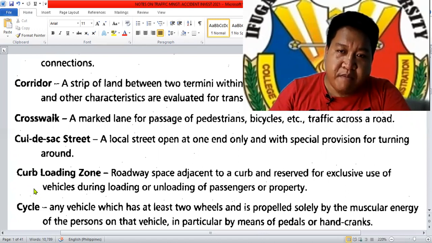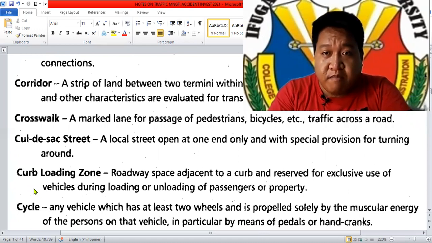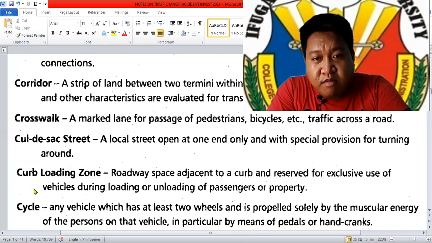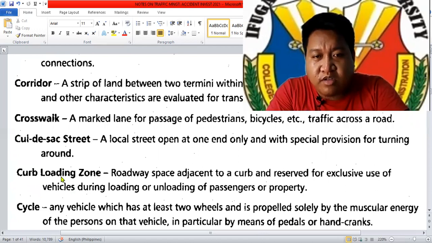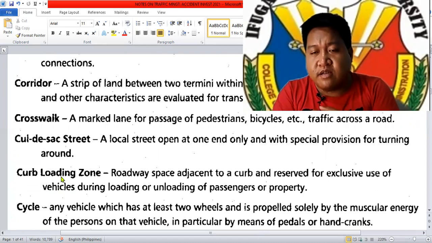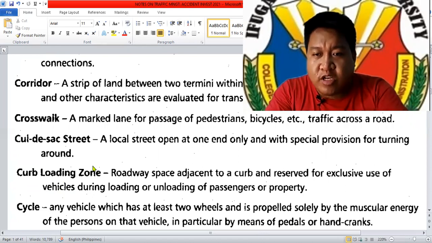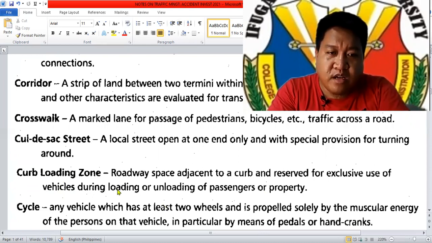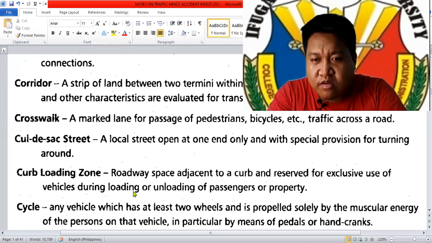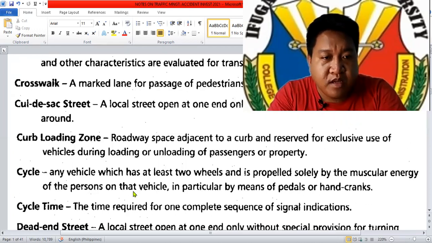Para naman yan sa mga public utility vehicles or yung mga for hire where they have passengers. Curb loading zone is a part of the roadway exclusive for vehicles to unload or load passengers or property.